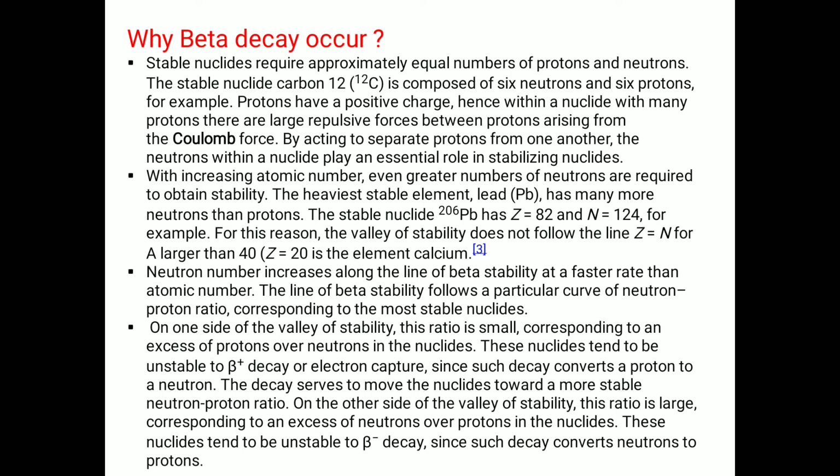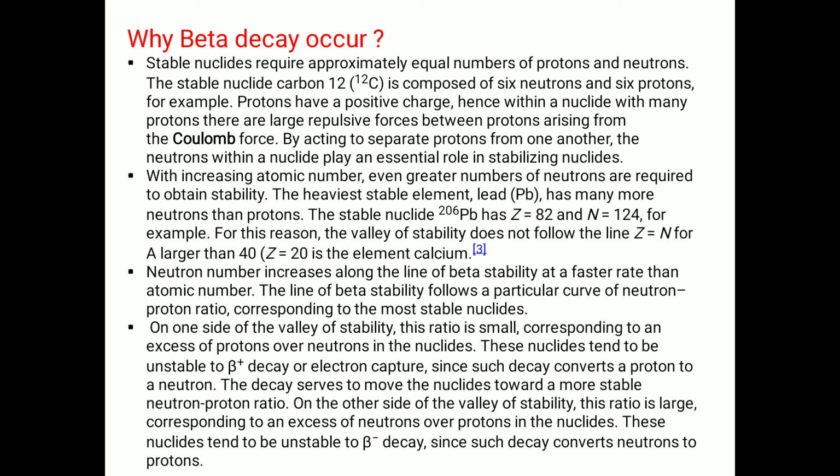See here our next point. With increase in atomic number, an even greater number of neutrons is required to obtain stability, as I explained earlier. The heaviest stable element, lead Pb, has many more neutrons than protons. Pb206 has Z equal to 82 and N equal to 124.